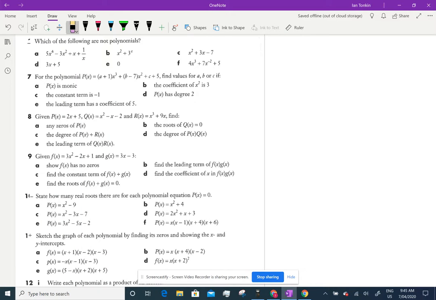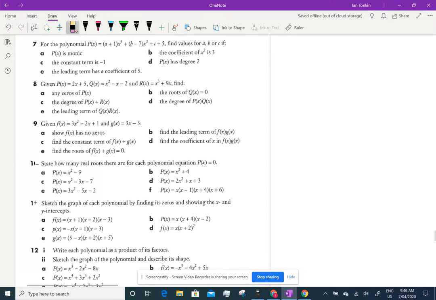All right, let's have a go. I'm going to have a go at 8, and then I'll jump to 10, 11, and 12. You should have a go at them. So 8, what have we got here? We've got p of x equals 2x plus 5.